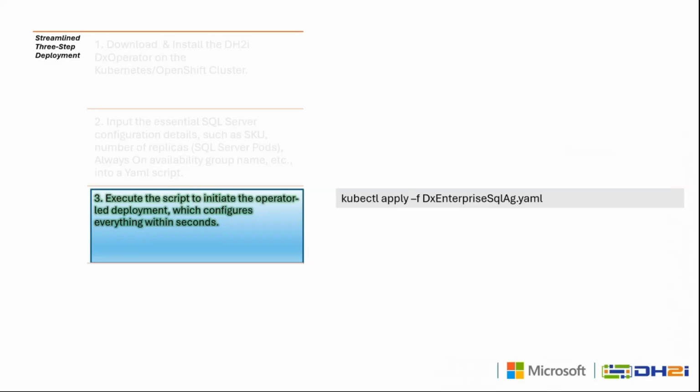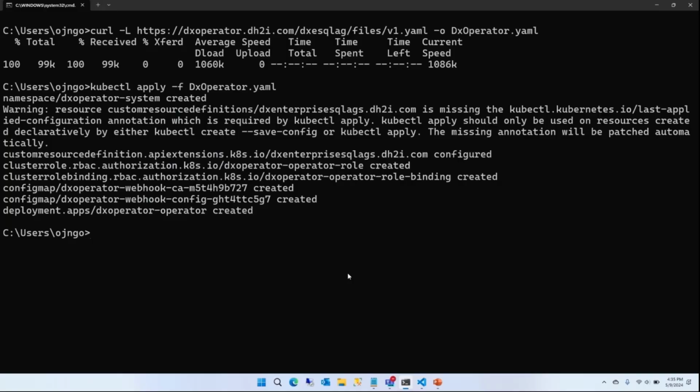So the final step here is executing the script to initiate the DxOperator-led deployment, which configures the SQL Server availability group in seconds. So we will go ahead and apply our custom resource manifest to initiate the creation of the SQL Server availability group.